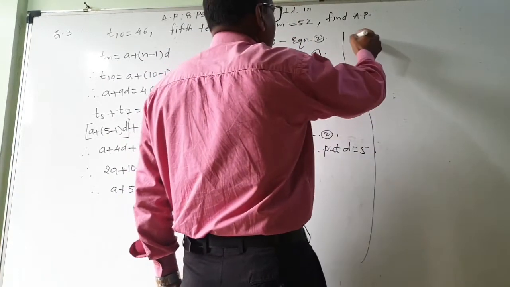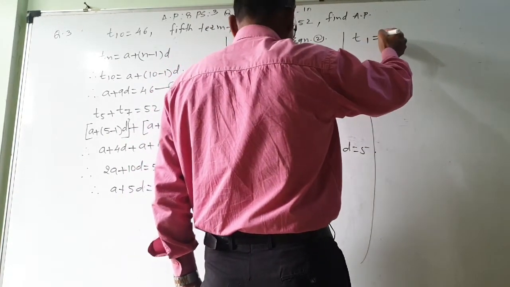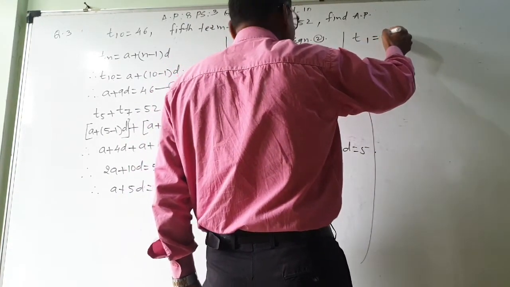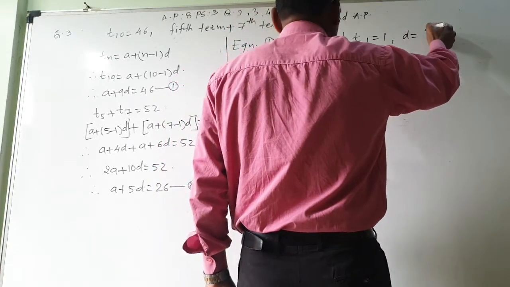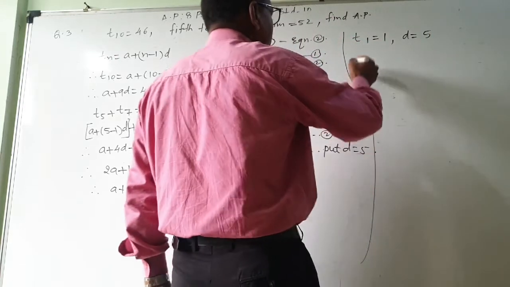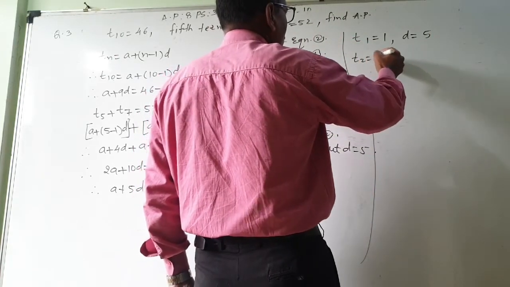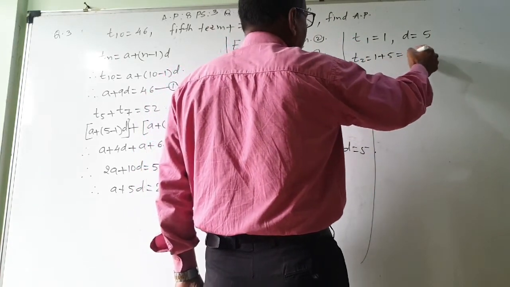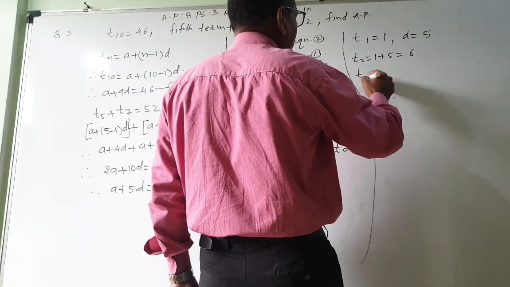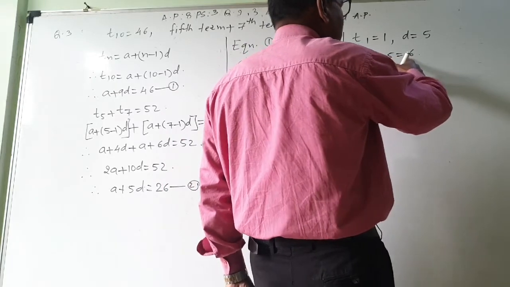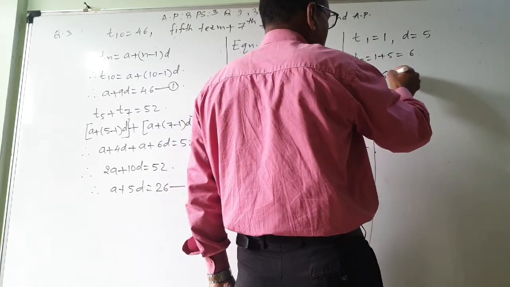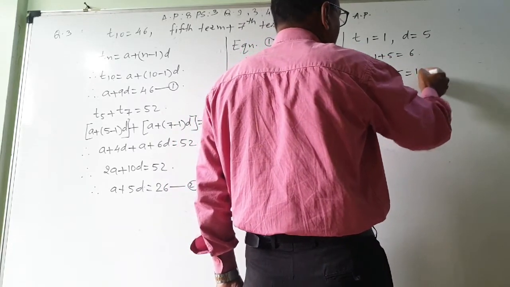So T1 means a is 1, d is equal to 5. T2 is equal to 1 plus 5 is equal to 6. T3 equal to, add this common difference, 6 plus 5 is equal to 11.